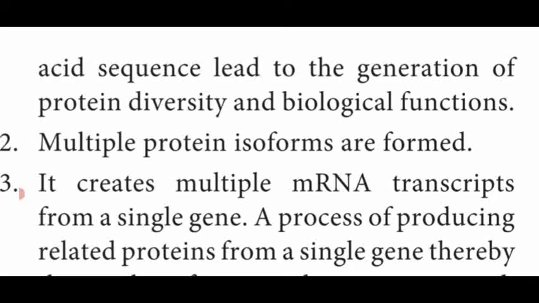Second, with the help of this alternative splicing method, multiple protein isoforms are produced. In the previous paragraph we have seen that different proteins are produced, isn't it? Those different proteins are known as isoforms. So multiple protein isoforms are produced by alternative splicing.